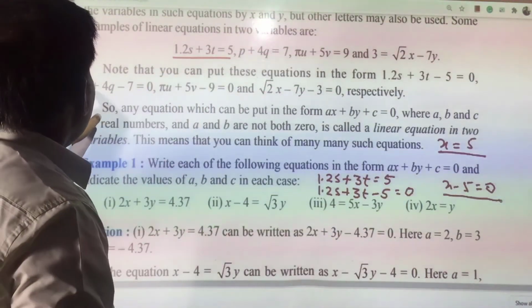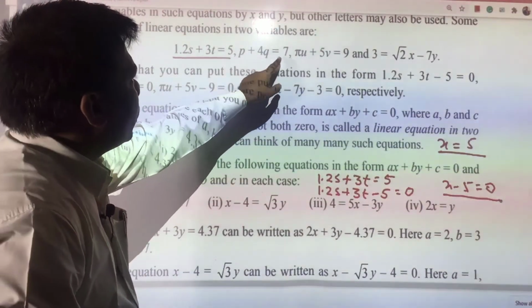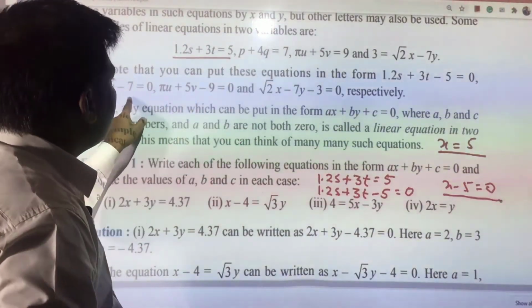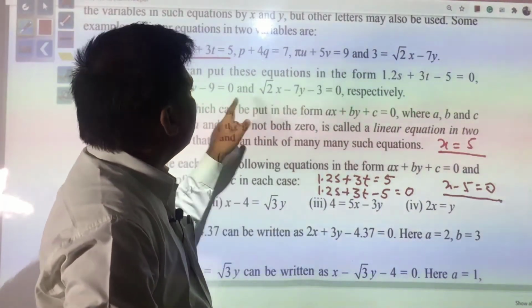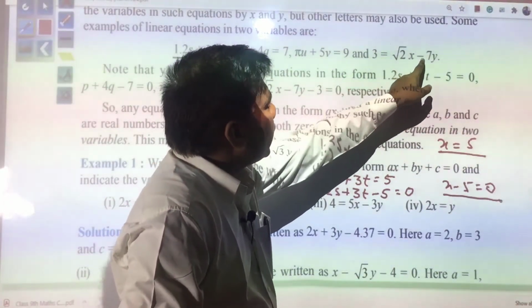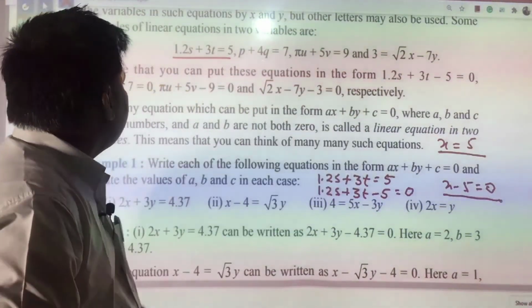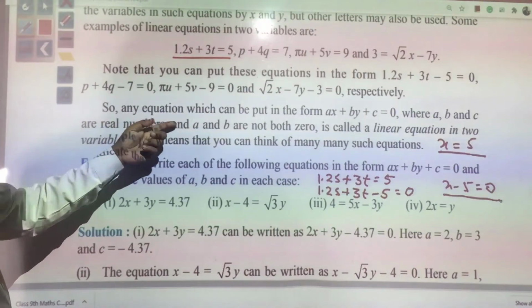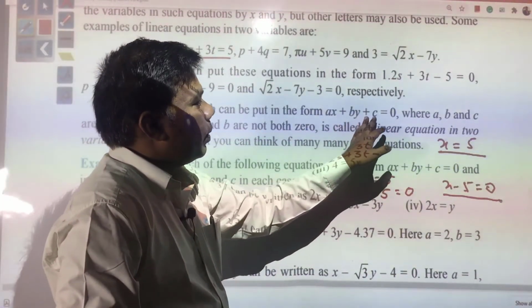In the same way, p plus 4q minus 7 is equal to 0, pi u plus 5v minus 9 is equal to 0, root 2x minus 7y minus 3 is equal to 0 respectively.